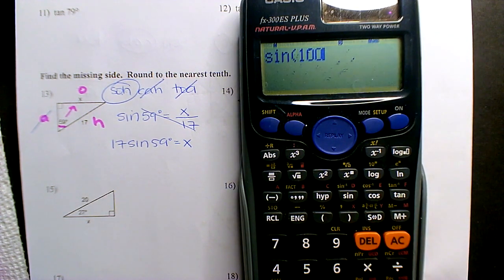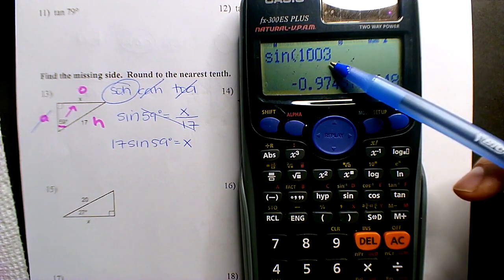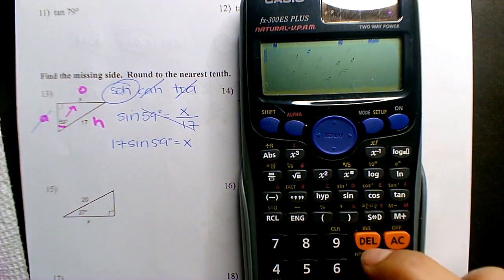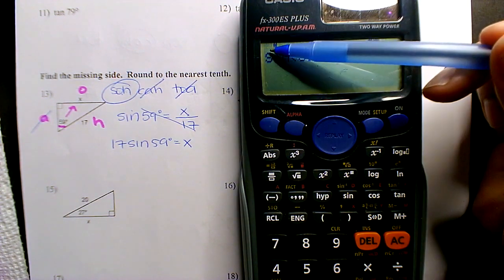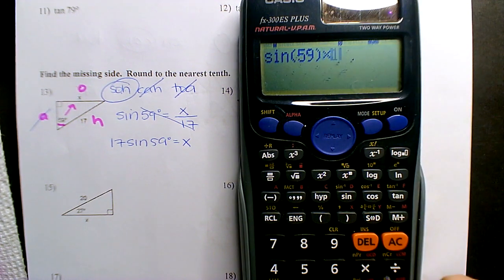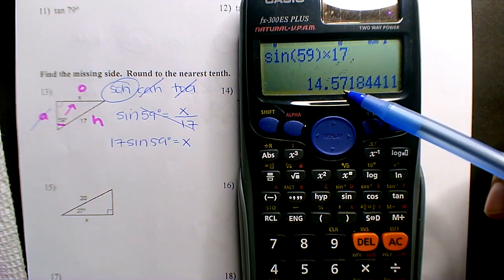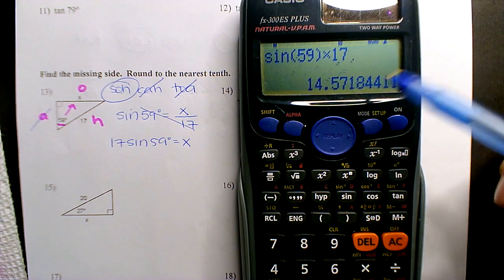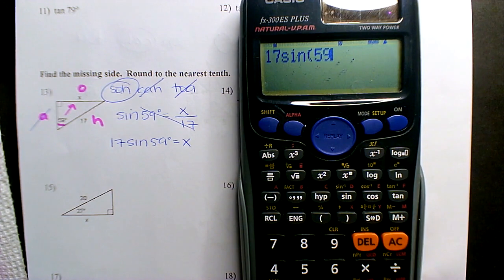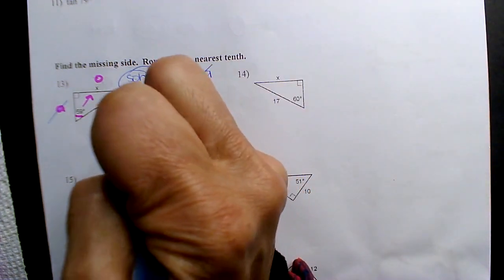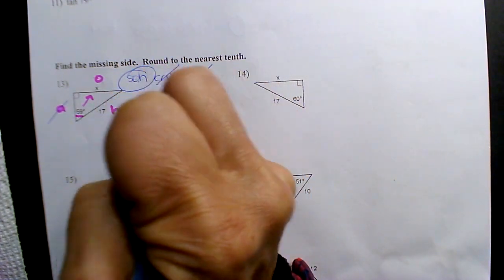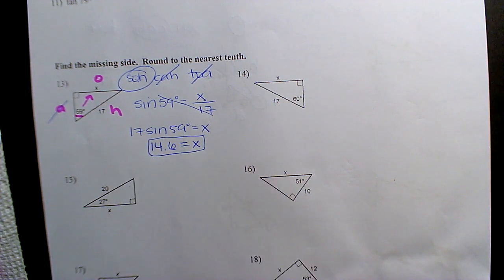So what's the sine of 1,003? That's what you took. So if you're going to throw it in the back, make sure you close the parentheses so it is only the sine of 59 degrees. Now times 17, and there's our 14.58 or 14.6, which is the same as 17 sine of 59, 14.57 or 14.6. So I always tell you guys, just put it in the front just in case you're rushing and you forget to close that parenthesis.